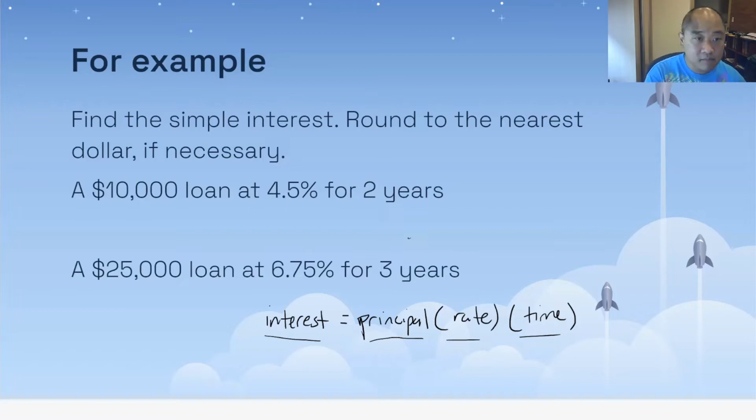Well, we would place $10,000 as the principal. So $10,000 multiplied by the rate, which is 4.5%, which is 0.045, right? Because we moved the decimal place over 2 places to get the decimal. And then we multiply that by the number of years, which is 2.